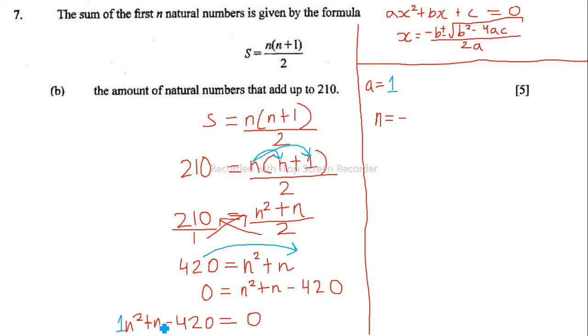Same thing for b. b is whatever is in front of your x term. In this case, we use an n, so it's whatever is in front of our n term, and so that's 1 again. So a is 1 and b is also 1. Okay.